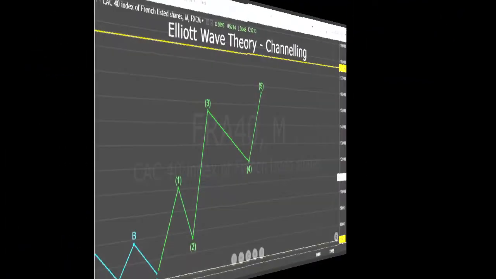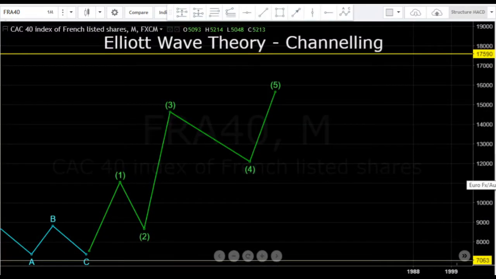So let's now have a look at a more irregular situation where 3 is very, very strong and comes up almost in a vertical direction. So how do we go about channeling this?